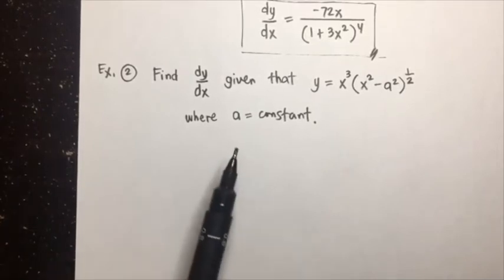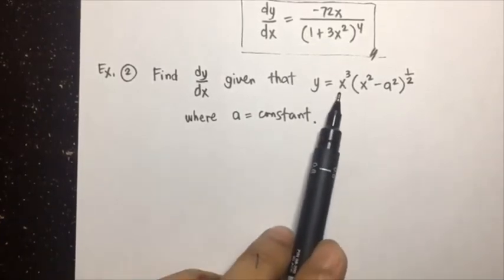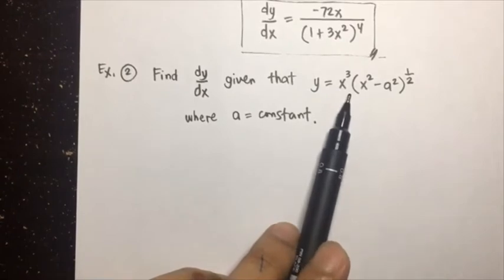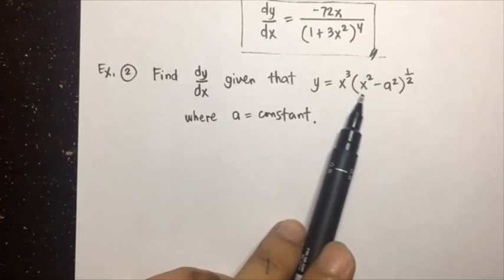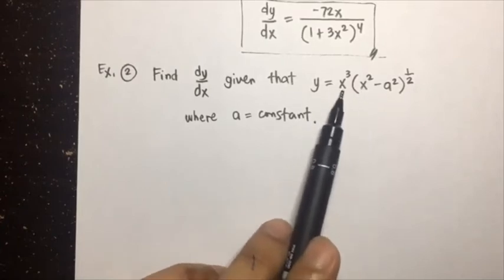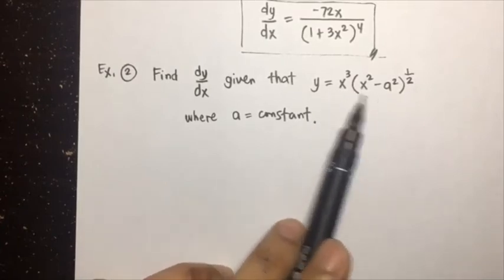For this problem, aside from the general power formula, we will be using the product rule to derive this. This will be our u and this will be our v.